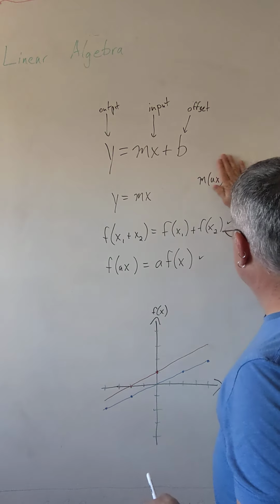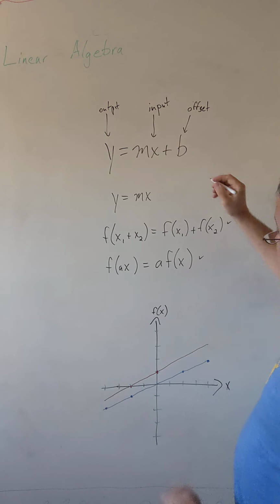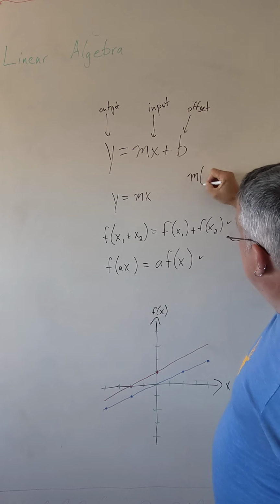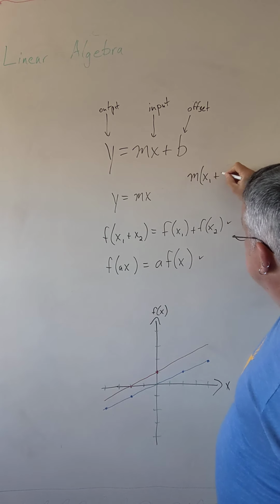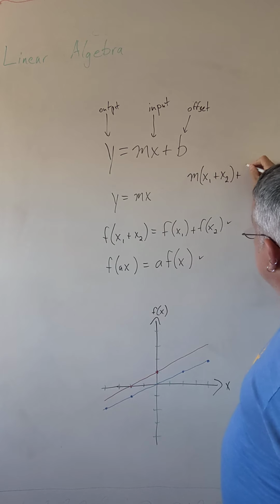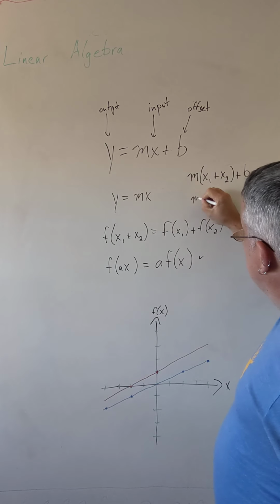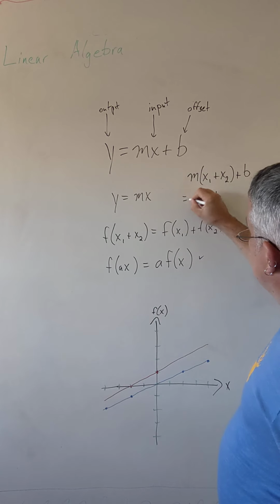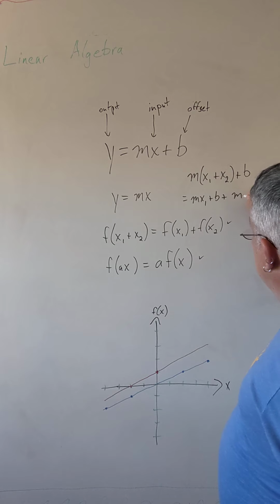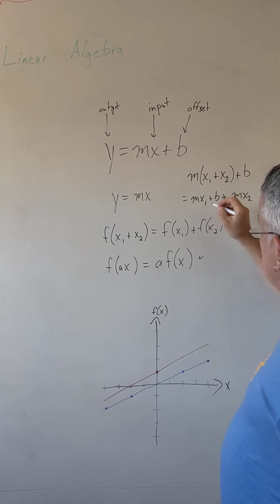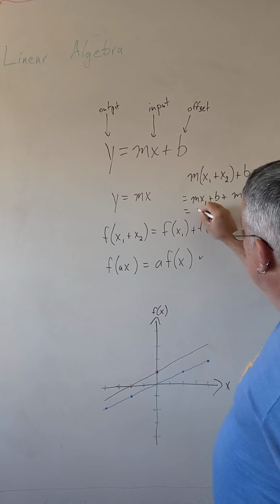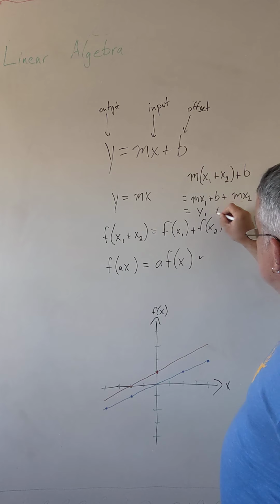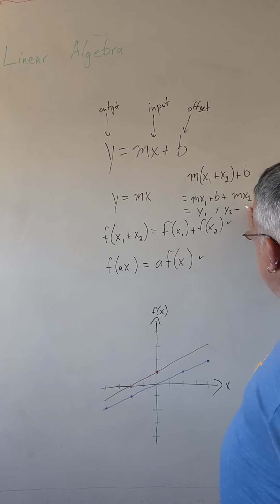Let's see what happens for y equals mx plus b. Let's try the first one: m(x1 plus x2) plus b. That equals mx1 plus b plus mx2, but that's actually only equal to y1, which is mx1 plus b, plus y2 minus b.